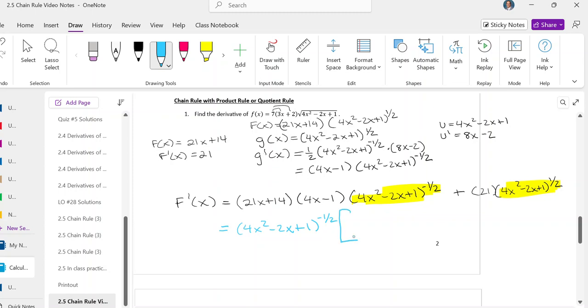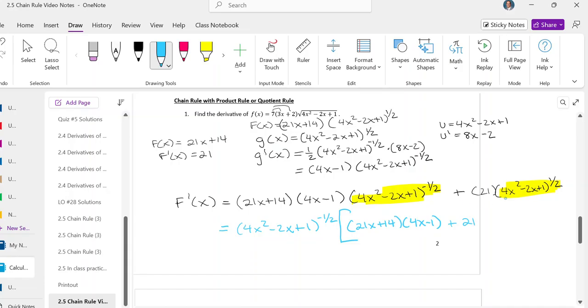And then what's left is you have 21x plus 14 times 4x minus 1 here, because you took out this. And then on the other side, you have plus 21.